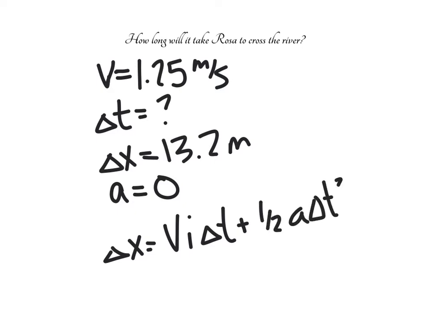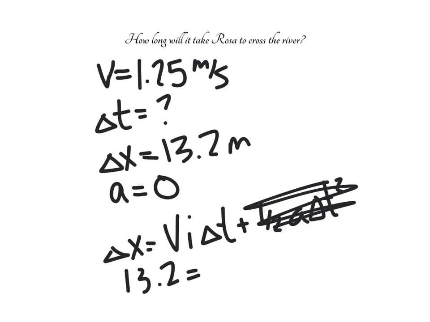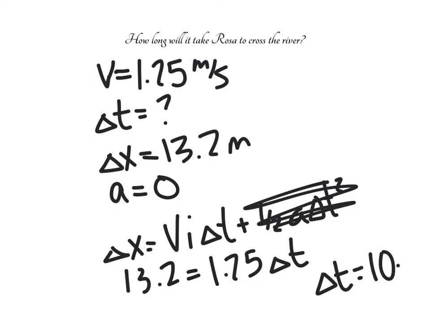But this second half of the equation just goes away because it's 0. So we plug in our numbers, we get 13.2, 1.25. We're solving for time, and time would equal 10.6 seconds.